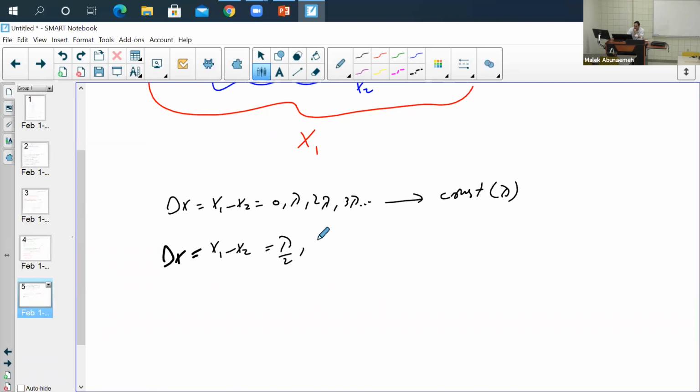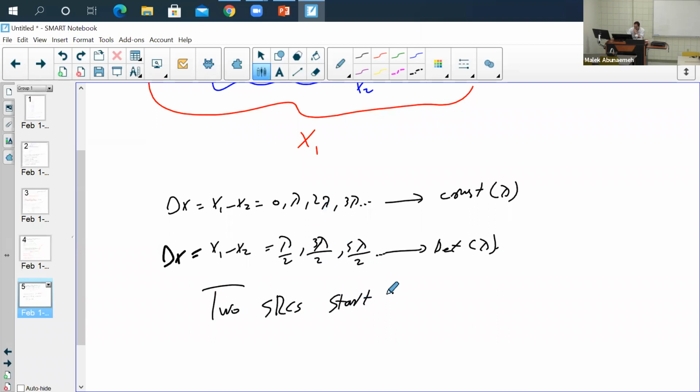So it'll be lambda over 2. Two lambda over 2 is going to equal lambda, which is constructive. This is going to be 3 lambda over 2, 5 lambda over 2, etc. That's your destructive lambda, if they both start in phase, that's two sources starting in phase.